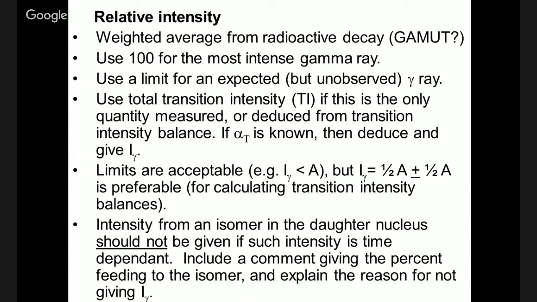There's something else that nature is giving us. The ratio of the intensities of those gamma rays for one decay is fixed, is part of nature. So for this nuclide, the intensities are all relative to one of those, 100 we call it, but the ratios should be the same.